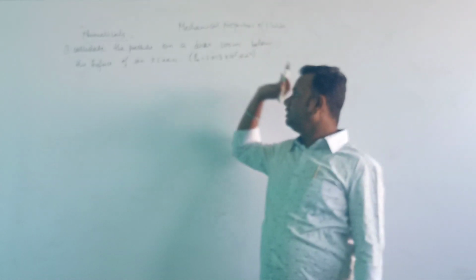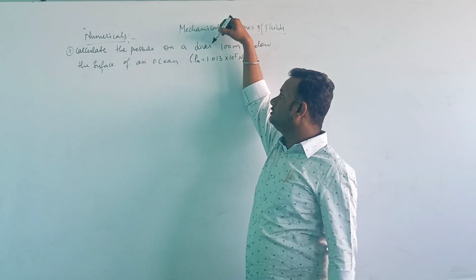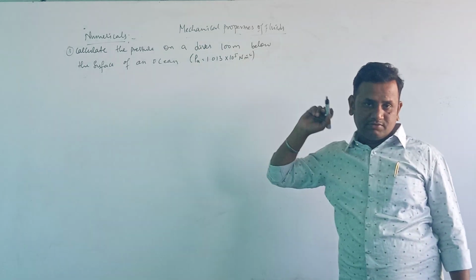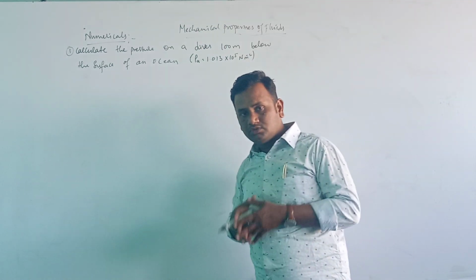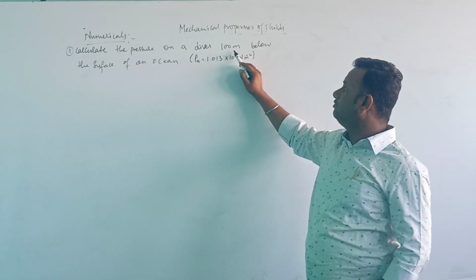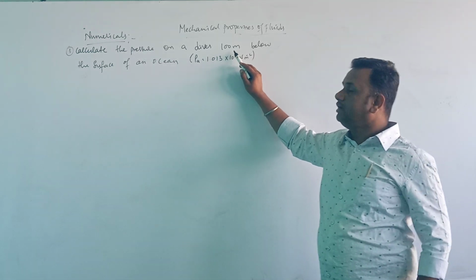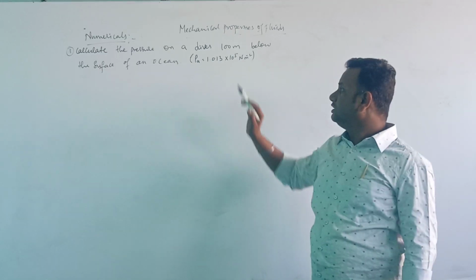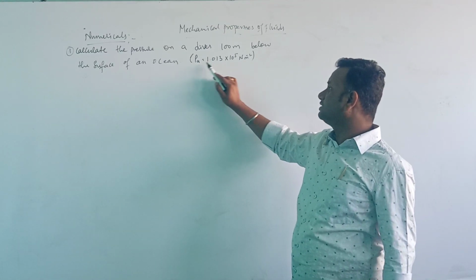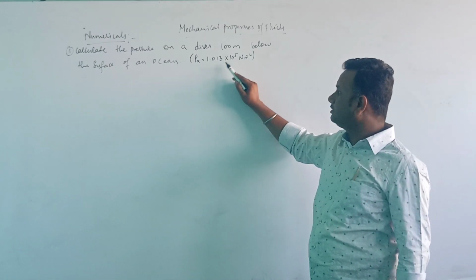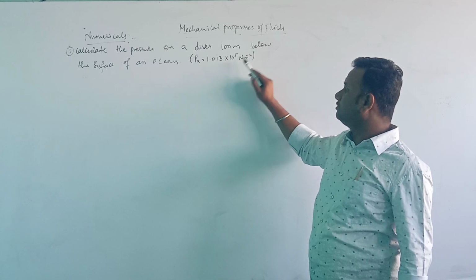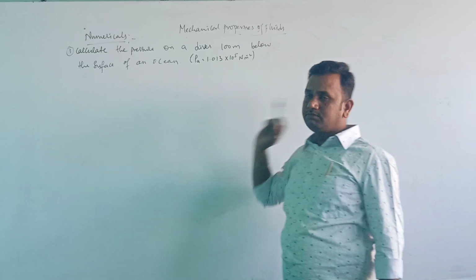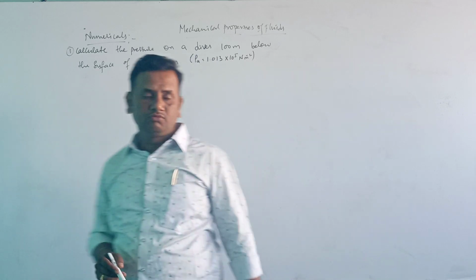So we need to find out the pressure on this diver who is diving into the ocean at a depth of how much? 100 meter below the surface of an ocean. And he has given us the atmospheric pressure is how much? 1.013 into 10 to the power of 5 Newton per meter square. It's a very simple numerical.